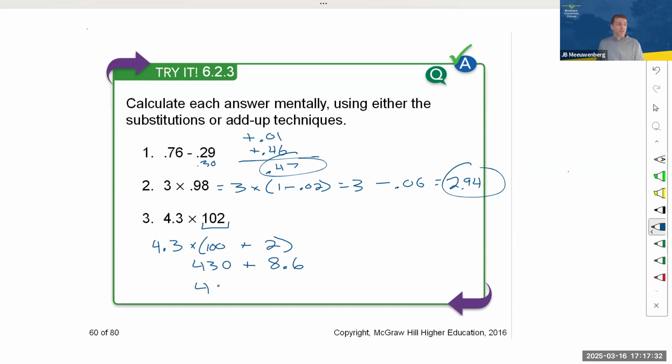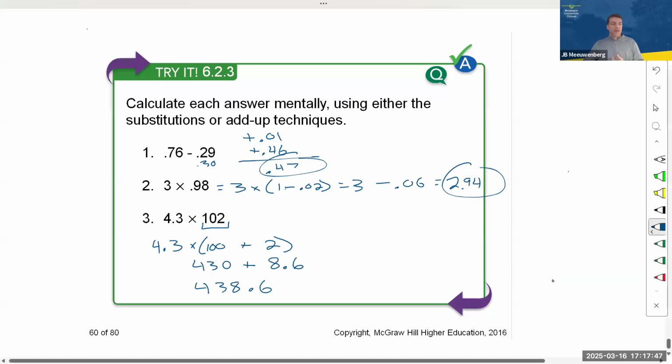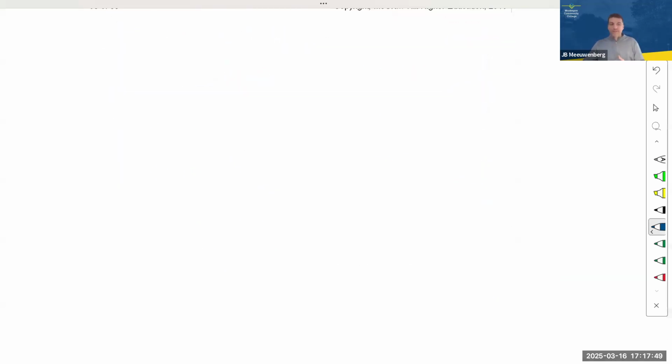And then we get 438.6. So again, this is not always the easiest thing. What I care is that you know these techniques exist, and then maybe you could explain to somebody how to do these mental calculations. It doesn't mean you're always great at it, but you can explain it.